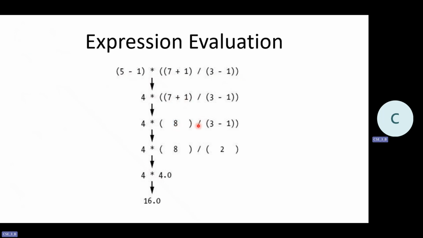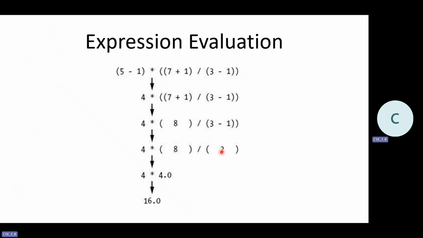Then we have retained the division symbol here, and now we have taken this expression, that is 3 minus 1. In the next step we represent this result, 3 minus 1, as 2. This is the way Python internally evaluates the expression.